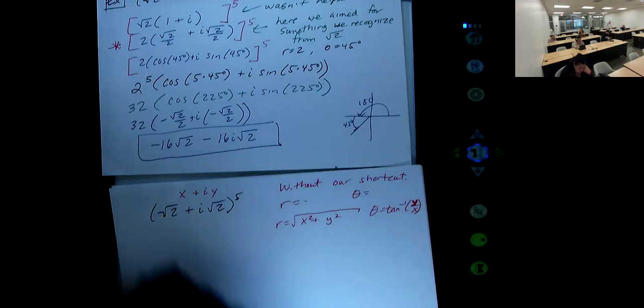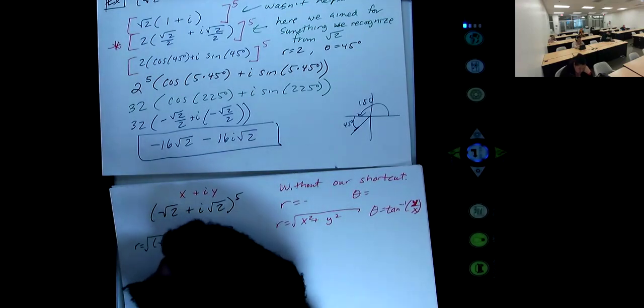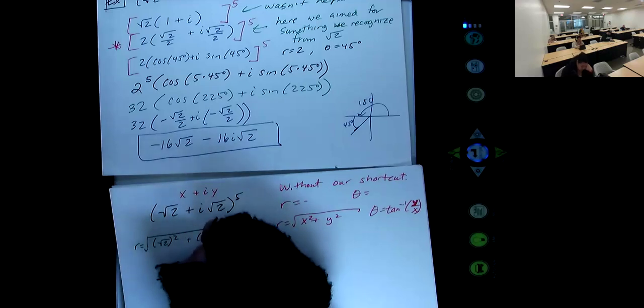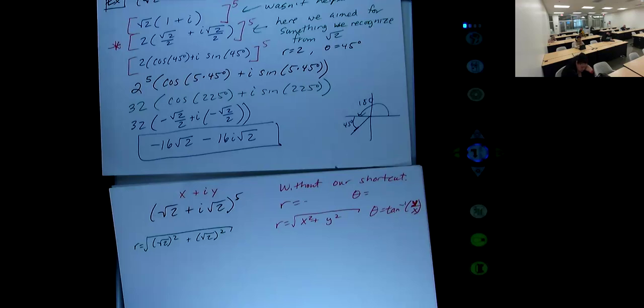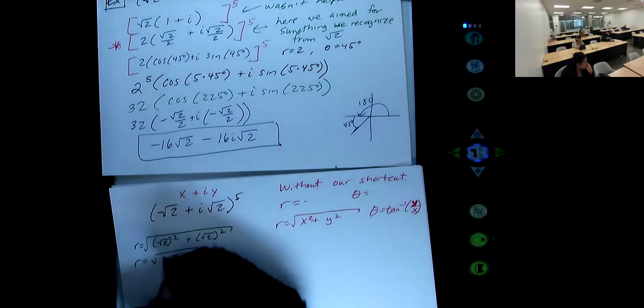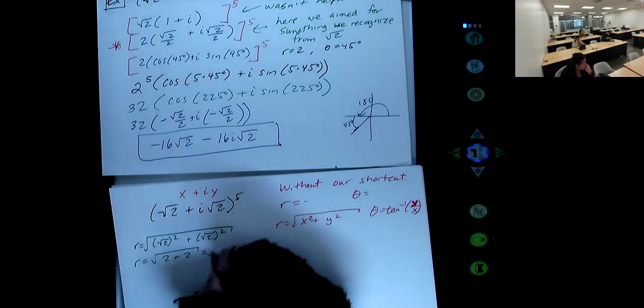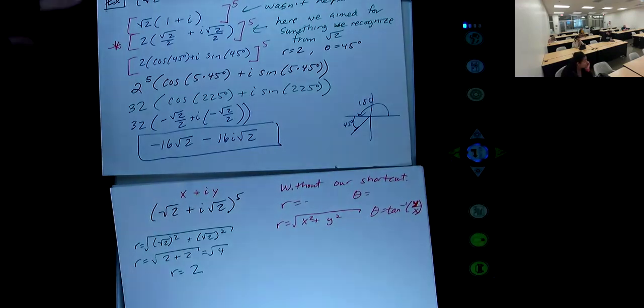So if we did that, I have square root of 2 squared plus square root of 2 squared inside another square root for r. Which looks weird, but when you start cleaning it up, it's not too bad. This is square root of 2 plus 2, which is the square root of 4. And we get r equals 2, and we can see that's true from up here. That's what we got up there.